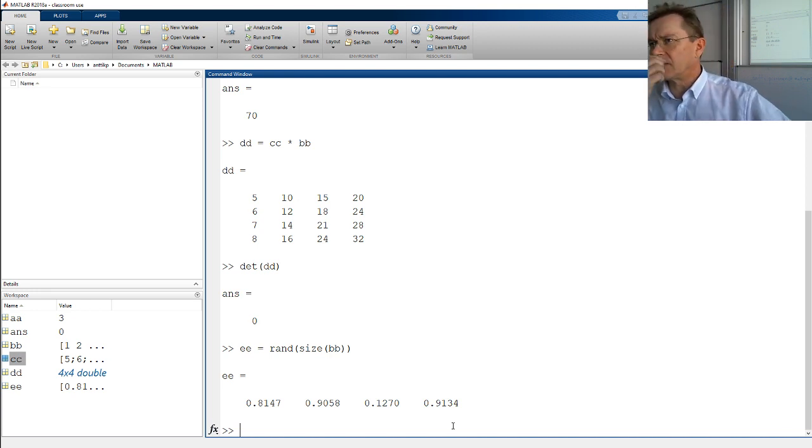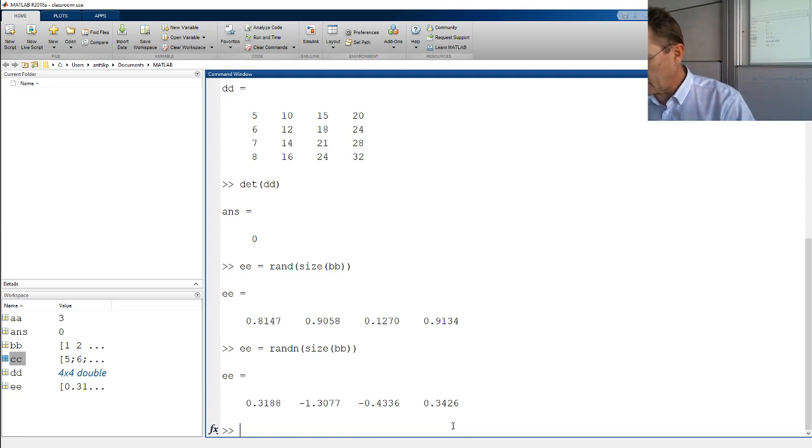Another thing, this is uniformly distributed random numbers. Usually you will be using normally distributed random numbers, and the difference is just a name. Rand is uniform, randn is normally distributed random numbers, and now we also have negative values there.